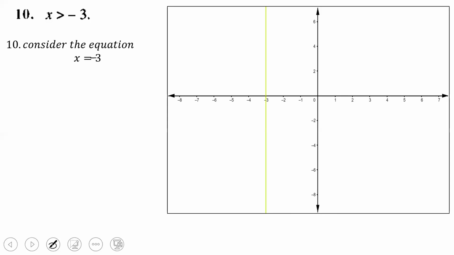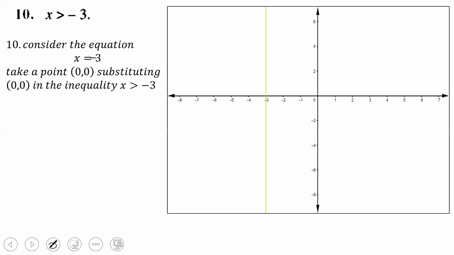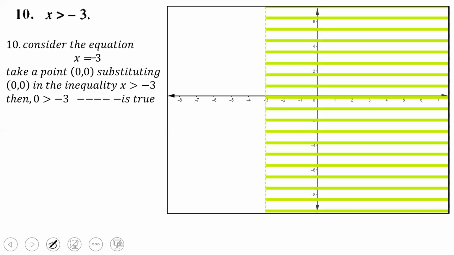Now if we substitute the value x equals 0, we will find 0 is greater than -3, which is true. That means the region is towards the origin, that is, after this line. Since the greater than sign is there, not greater than or equal to, we will consider the dotted line. That means except that line, after the line, all the points are inside the solution region. Okay, so the shaded portion is the solution region.